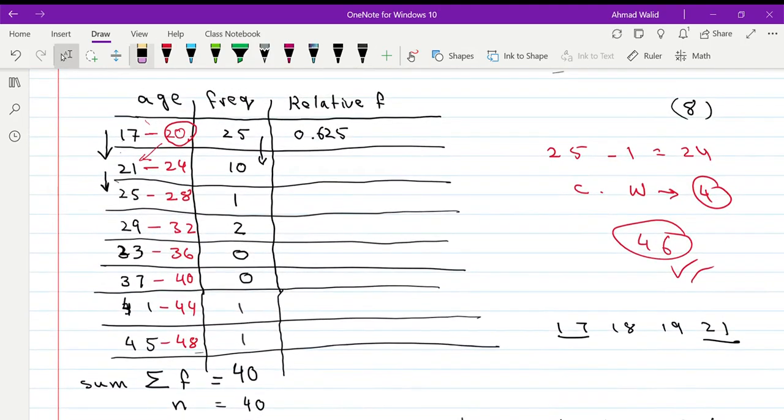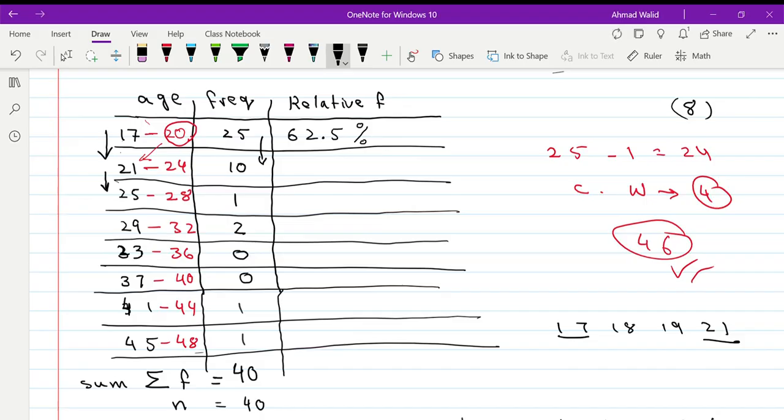Instead of writing this in this table, you can write 62.5, but we use the symbol of percentage. 62.5% of my students in my class are at age 17 to 20, correct?